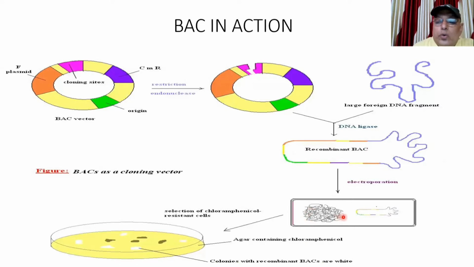So due to the presence of the chloramphenicol resistance gene, that is the gene which provides resistance to chloramphenicol, if this bacterium is grown in a medium which has chloramphenicol, it will grow, whereas the other bacteria will perish.